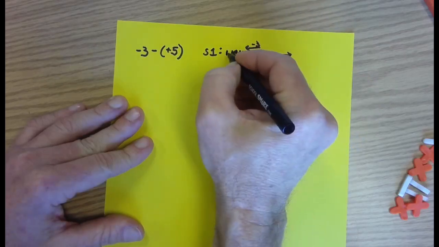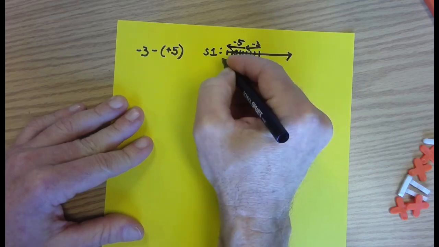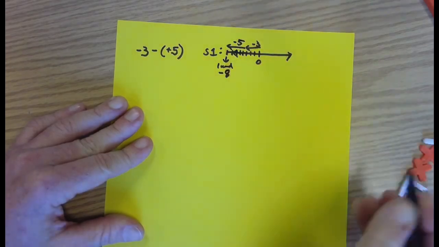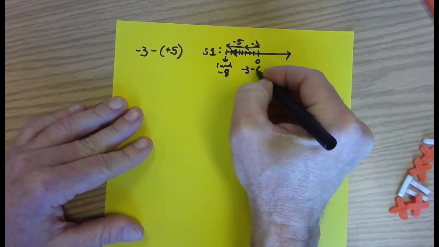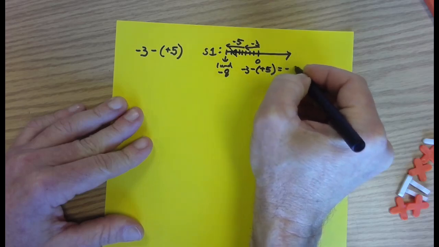And I ran out of room, but that's okay. And I land at negative 8, which tells me left 3 and the opposite of right 5 is negative 8.